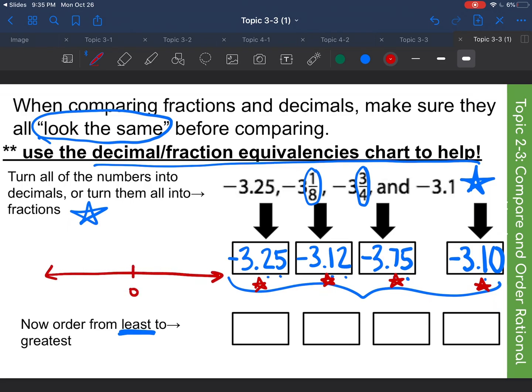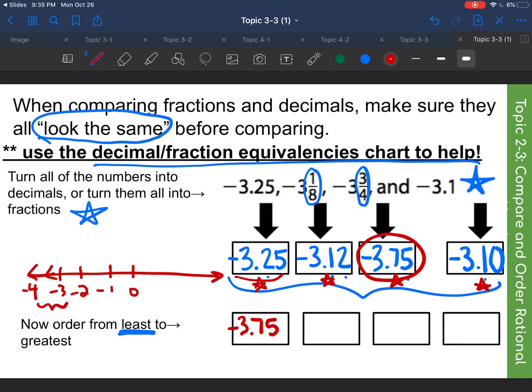If you think about it on a number line, they all kind of lie in this area, but the farthest away is -3 and 75/100ths, so that's the smallest.